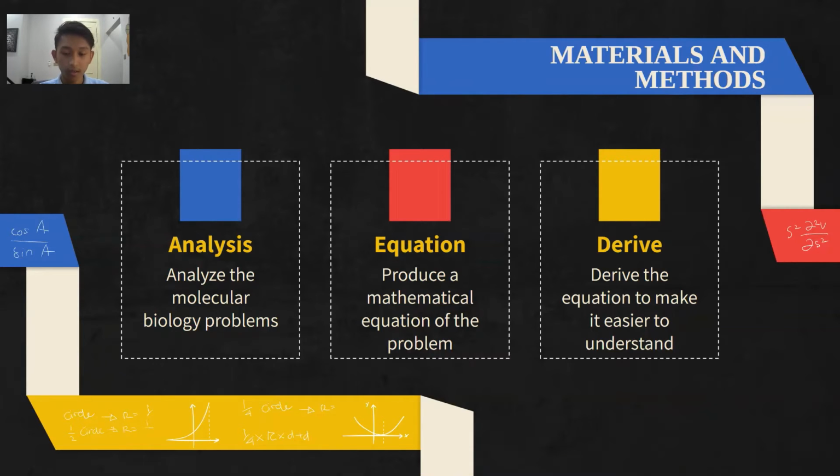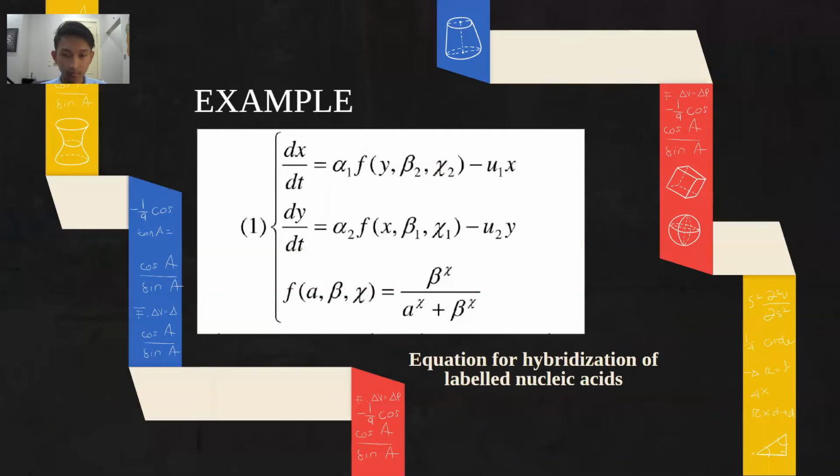So for example, that I've included in the project. So this is the example. This is on how a molecular biology problem is expressed in terms of a mathematical equation. As you can see here, this is the equation for hybridization of labeled nucleic acids.